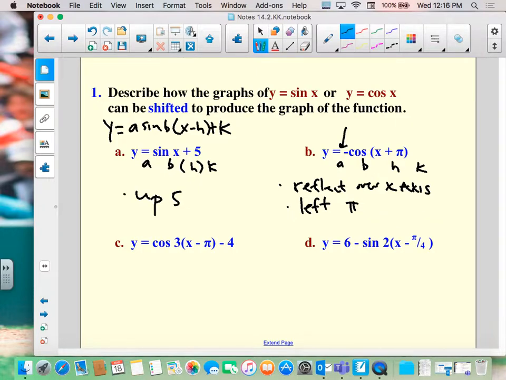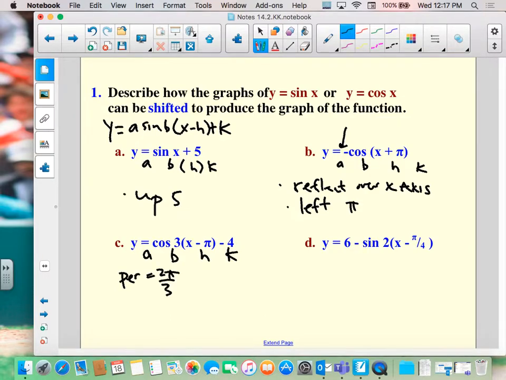Hey, guess what in letter C? How many shifts are we going to get? 1, 2, 3. Amplitude is 1. The period is 2 pi over b. H is our shift horizontally. K is our shift up and down. So in this problem, we've got a period of 2 pi over 3.